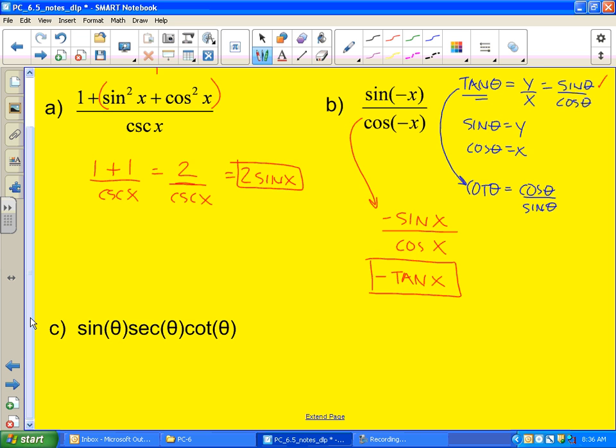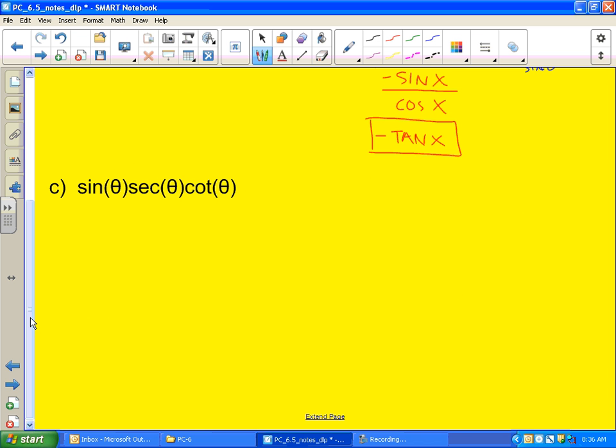All right, and then our last one here. Sine, secants, cotangents. Notice we don't have any squared parts in this, so we're not thinking about a Pythagorean identity. But what I do want to do is change all of these to sine and cosine. Sine theta already has a sine, so I leave it alone. A secant of theta, though, is a 1 over a cosine.